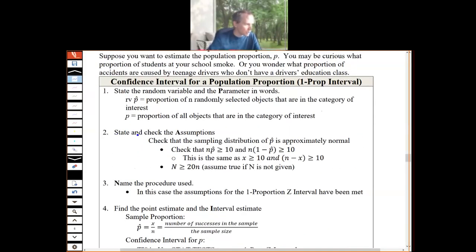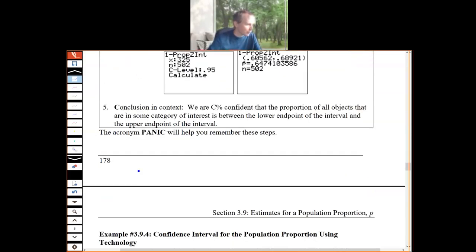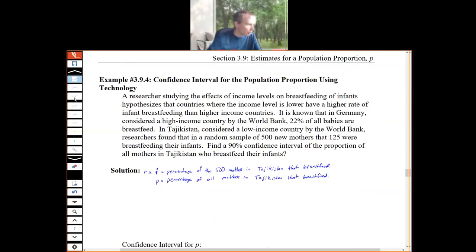We want to state and check the assumptions. So here what we need to do is make sure that our sample size is big enough by using this formula, and make sure that our population is big enough. All right. So in our acronym, this is the P portion.